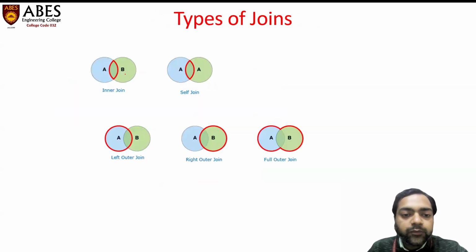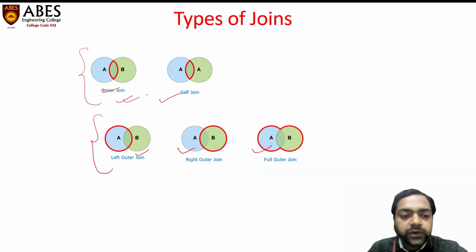Now we have different types of joins, as we discussed in relational algebra. We have inner join and self join. Under inner join, we have already discussed theta join, natural join and equi join. When we talk about outer join, we have three kinds: left outer join, right outer join, and full outer join.